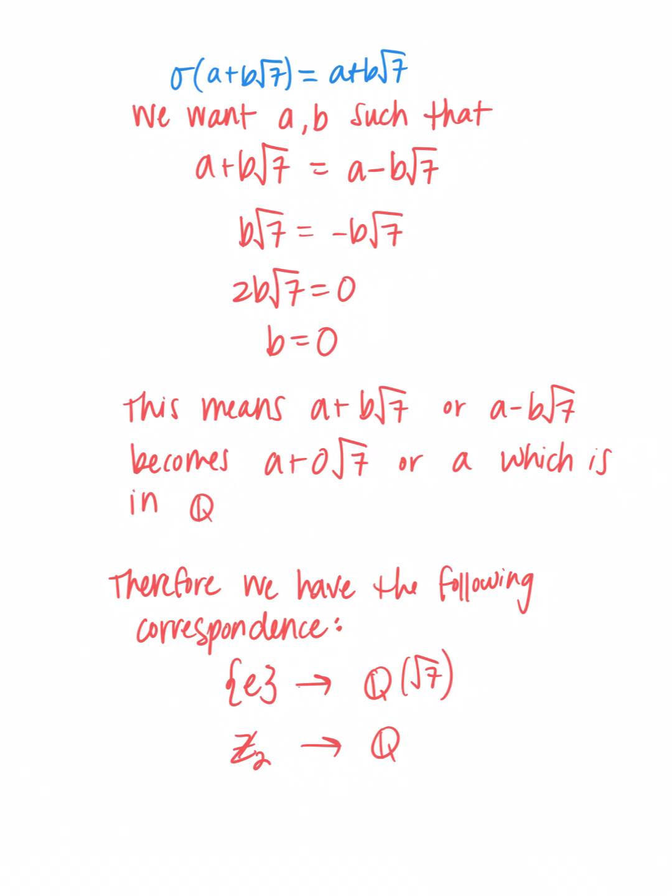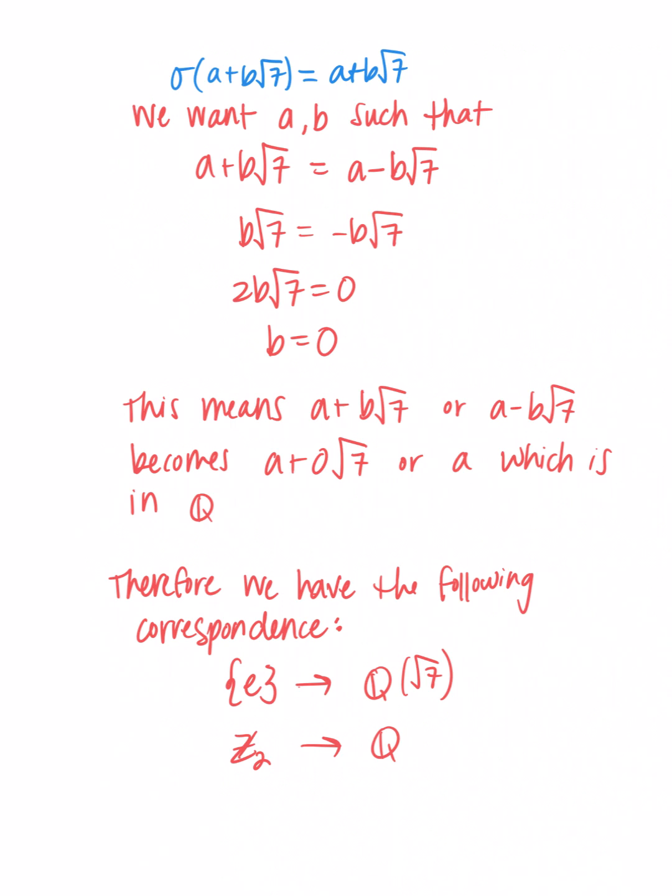And so through some simple algebra, if we subtract a from both sides and then add b root 7 to both sides to get 2 times b root 7 equals 0, then we know b has to equal 0.